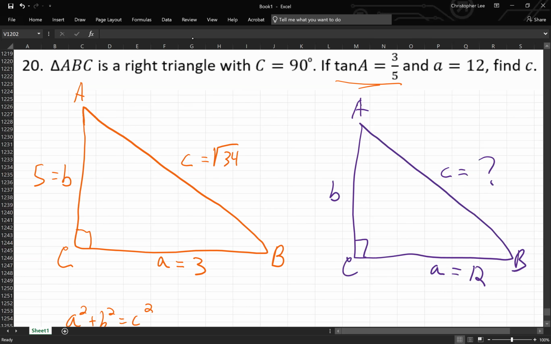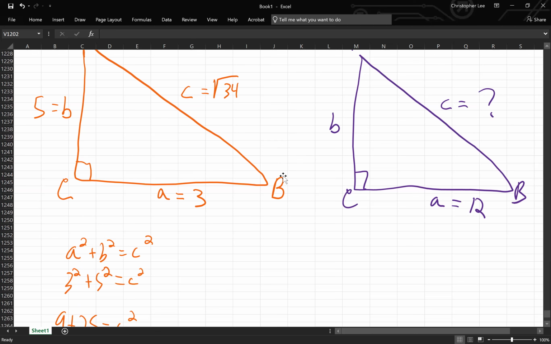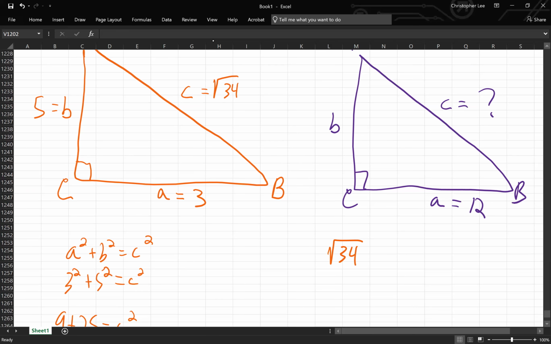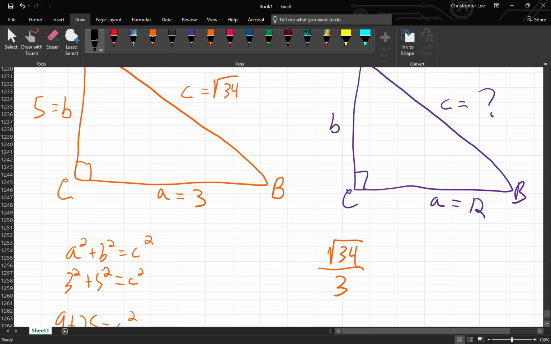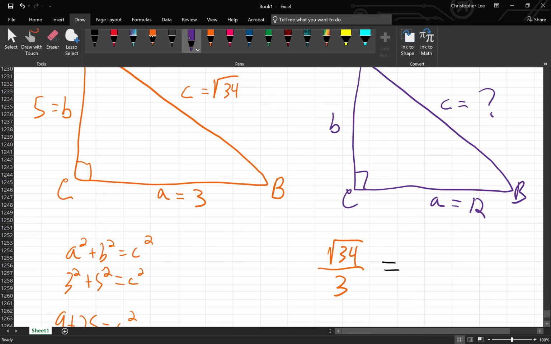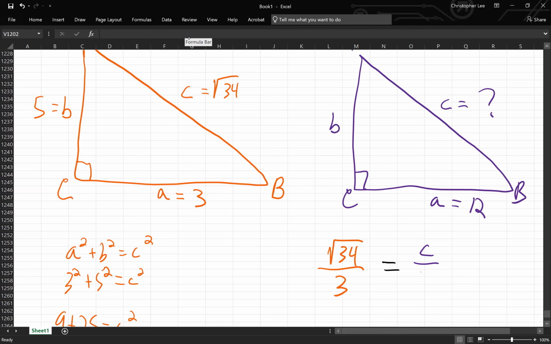All right. How do we do this, right? Use ratios, right? So let's say square root 34 over 3 is equal to, let's say, C over 12.